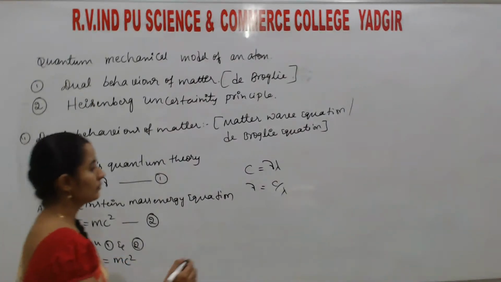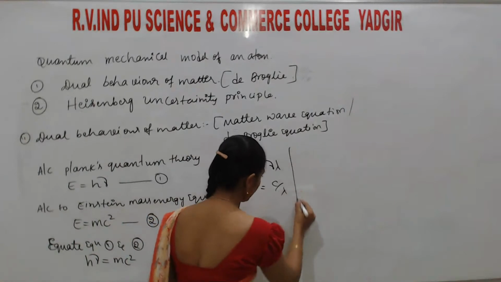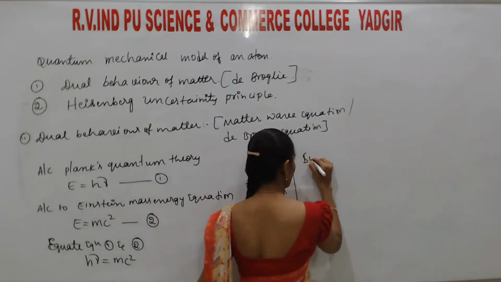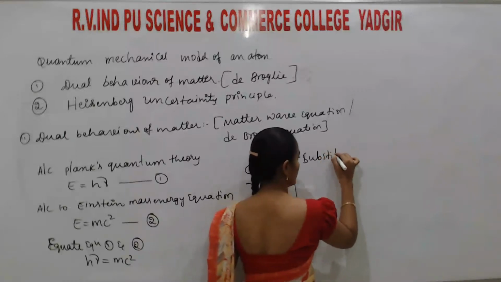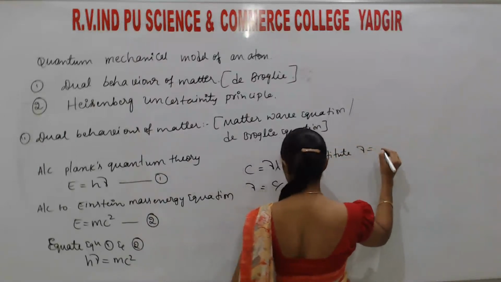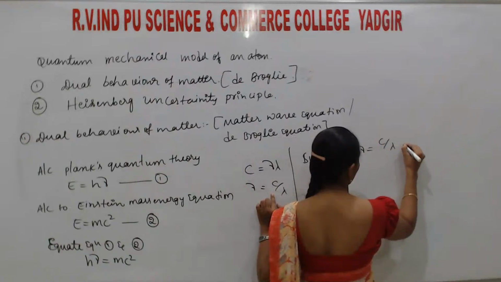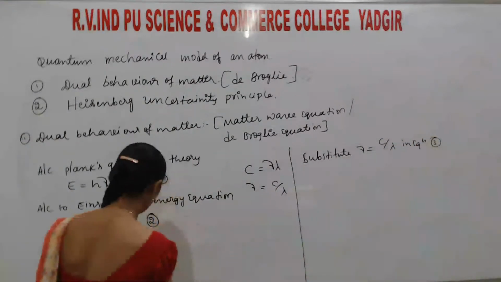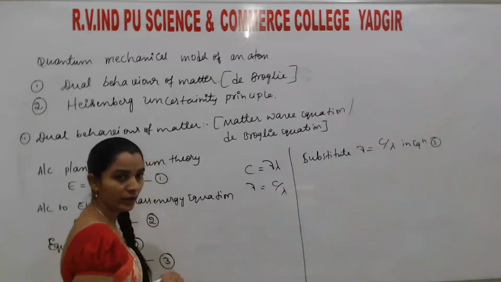Correct? Next, substitute nu is equal to c by lambda in equation 3.